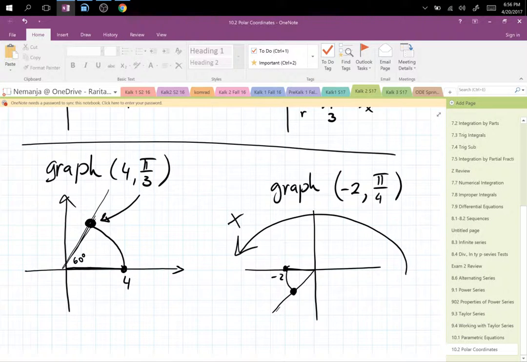Why is it positive 45 degrees? Because from here, which is pi, you add pi over 4, which is this distance, and you are getting here, which is 5 pi over 4.